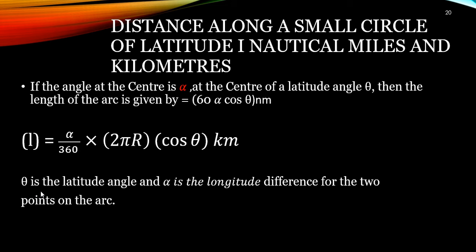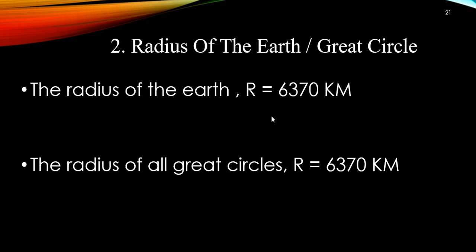Theta is the latitude angle and alpha is the longitude difference for the 2 points of an arc. These two are very fundamental when it comes to calculating.